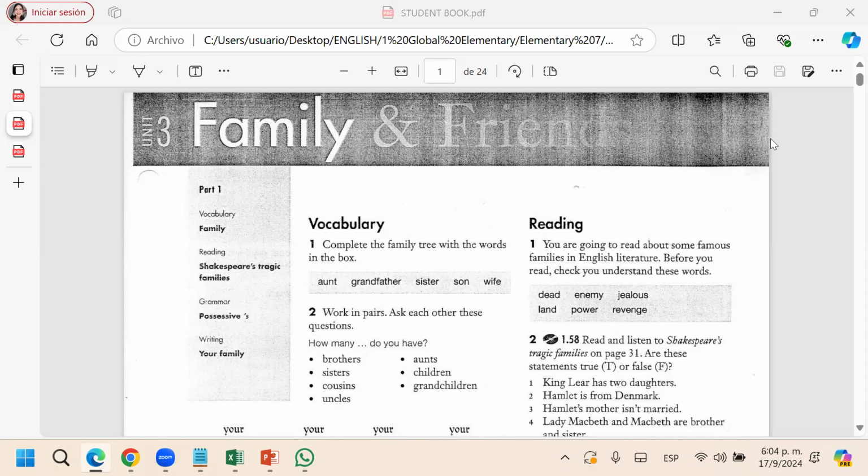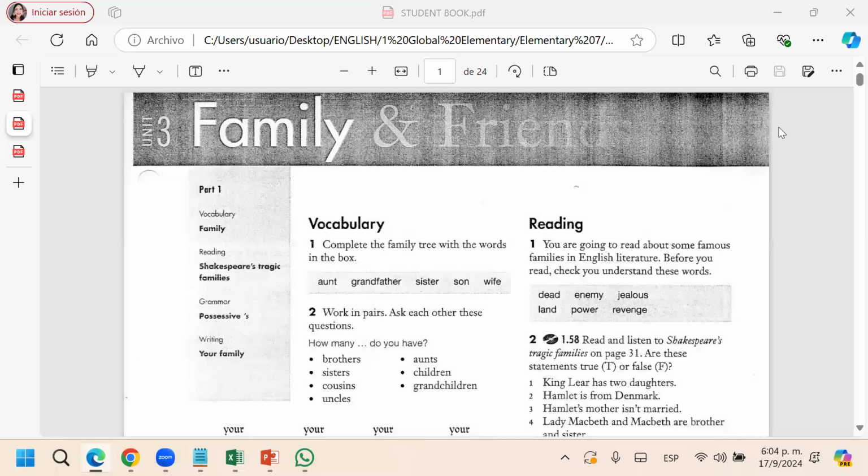The license plates, the months, the days of the week. What else do you remember from the last level? The nouns, like possessive nouns, subject nouns. Yes, I remember.